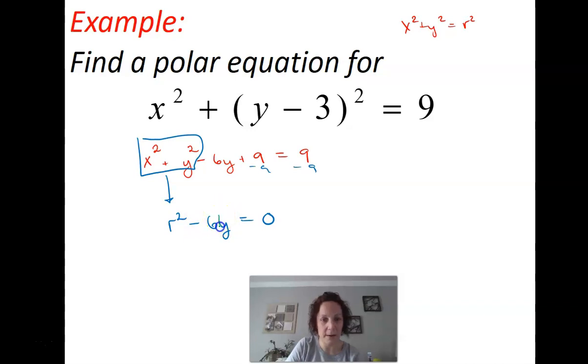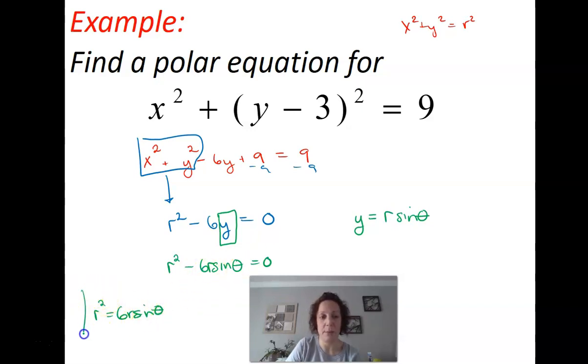See this y right here? I've got to get it out. If I want this to be polar, there can't be any x's or y's left. Well, what do I know about y? y is always going to be equal to r sine theta. So I'm going to rewrite this with that substitution. I can also write it as r squared equals 6r sine theta. Just move it to the other side, but there it is.